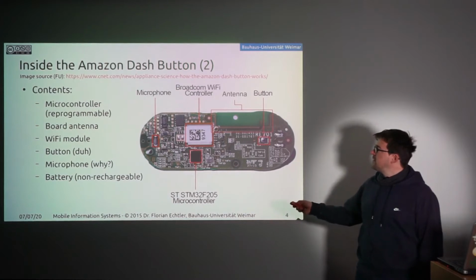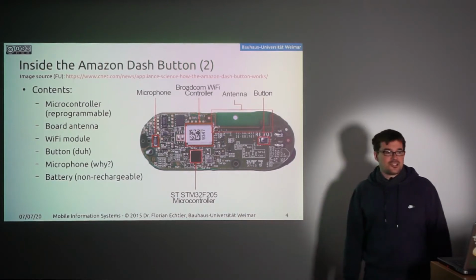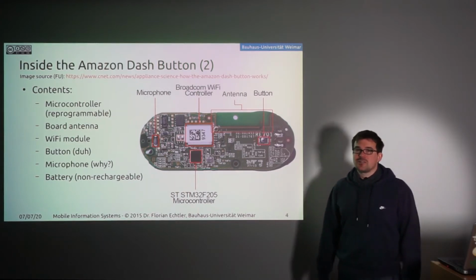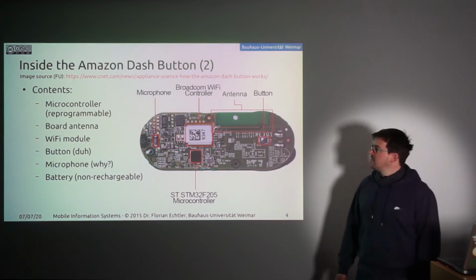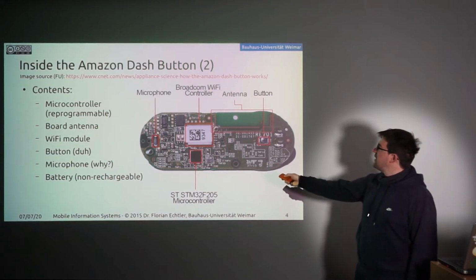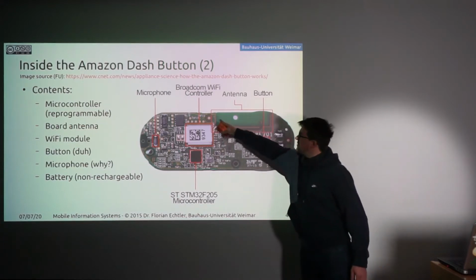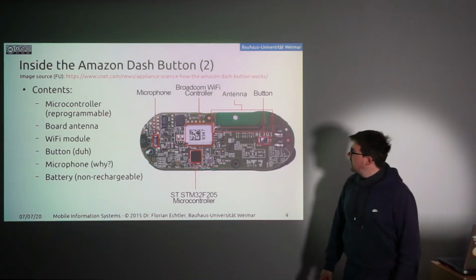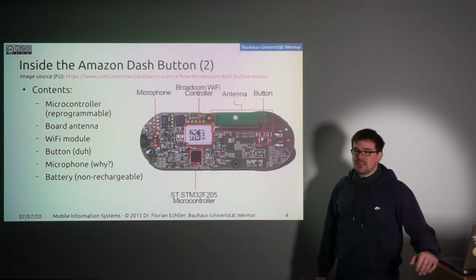Of course, we have a microcontroller that can actually be reprogrammed. So if you dig deep enough, you can actually write your own software for this dash button and flash your own stuff on there. Then we have a board antenna. This is this structure here on the PCB, an antenna directly integrated into the PCB.